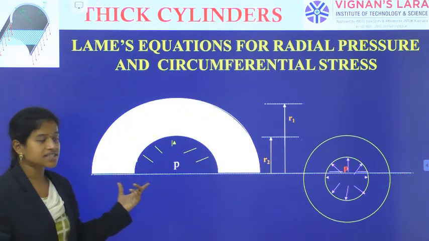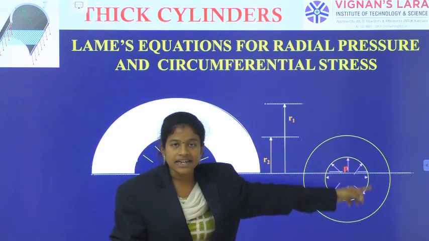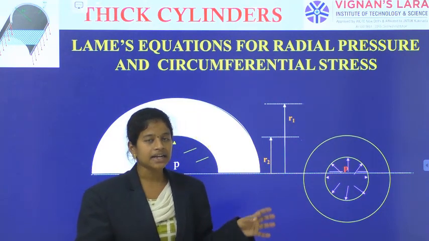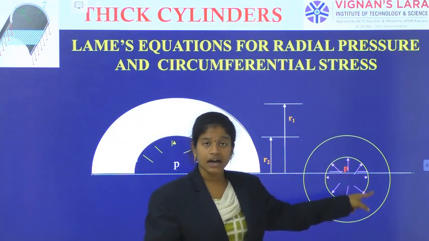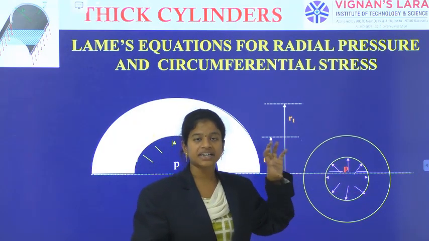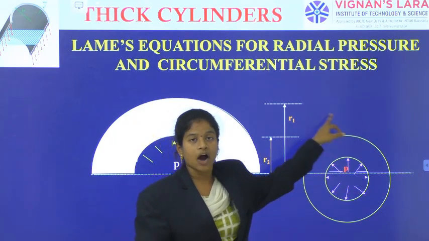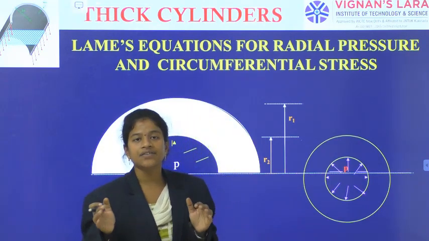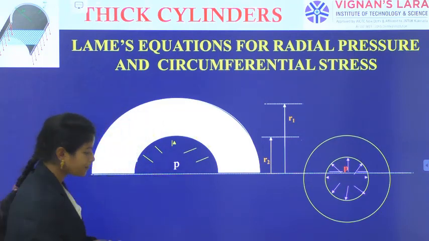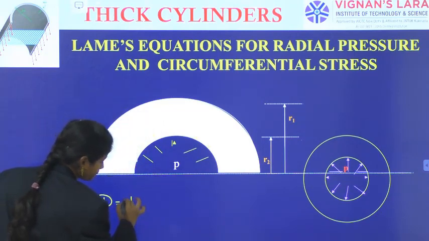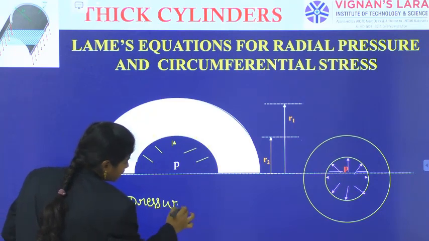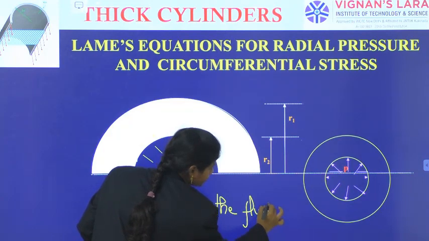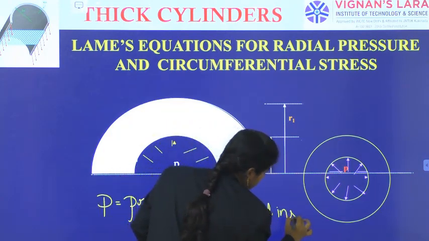For such conditions, what is the thing? For that, I am taking a cylinder which is thick in nature. So simply some radius is there and some thickness is there, and when I observe, the internal radius of that particular cylindrical structure is R1 and the outer or external radius of the cylinder is R2, and that cylinder is having a fluid with a pressure of P. So P is equal to the pressure of the fluid inside the cylinder.